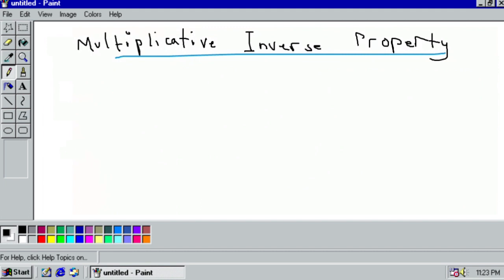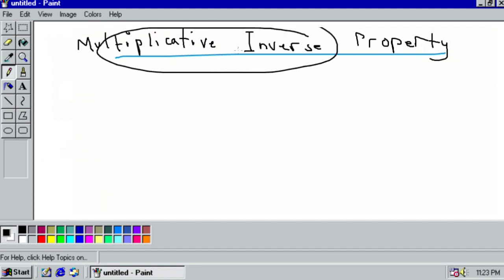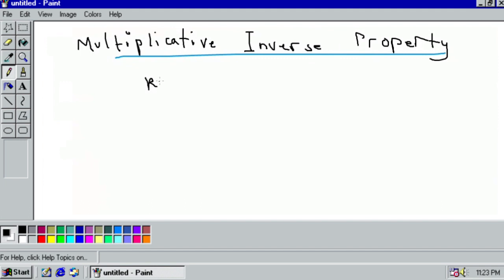Our last one is the multiplicative inverse property. This states that the product of a number and its multiplicative inverse is 1. The multiplicative inverse is the reciprocal. So what is a reciprocal actually? Let's say we have 9. When we have this fraction, it's like 9 over 1.